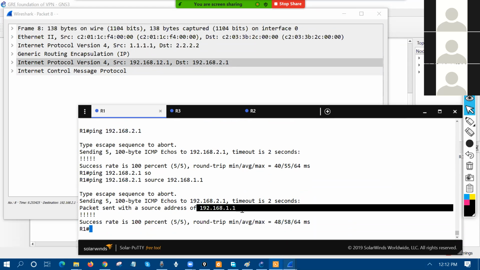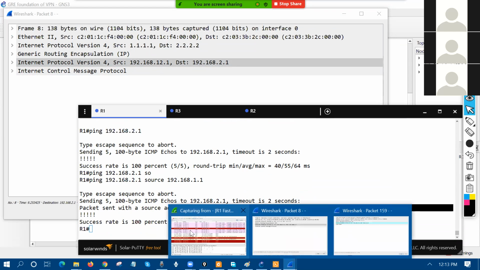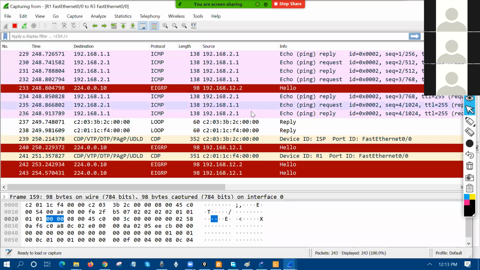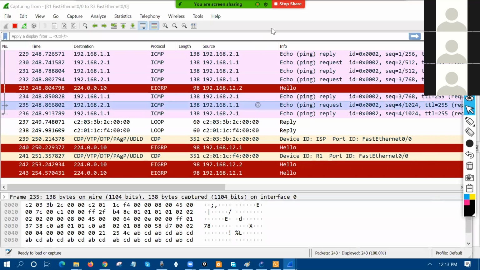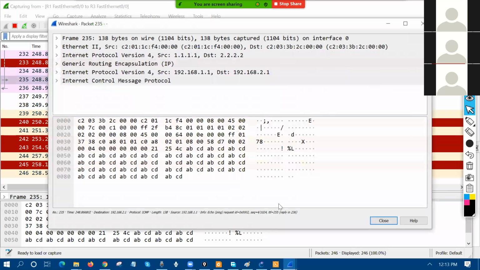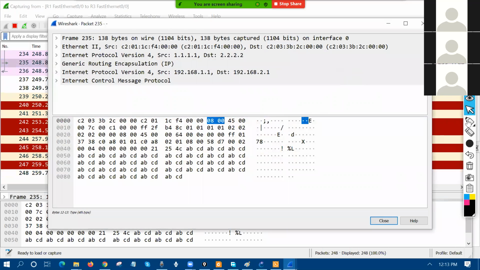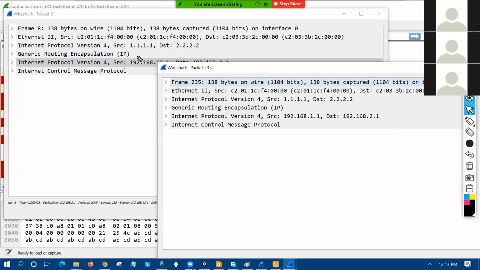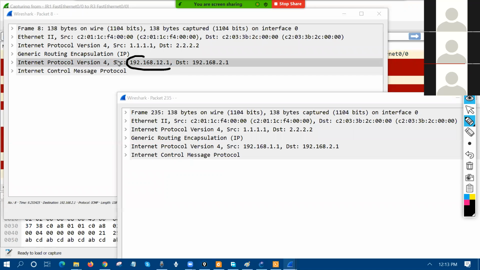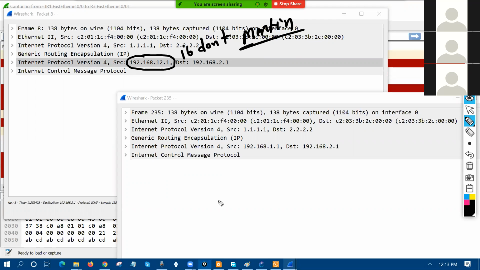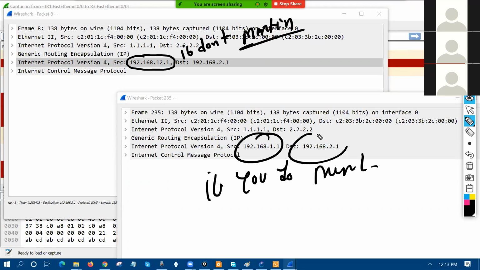So my LAN to LAN communication is happening right now. The difference is in front of you. If you don't mention the source, it will take the tunnel interface. If you do the mentioning, then it will be your actual IP address, LAN to LAN.